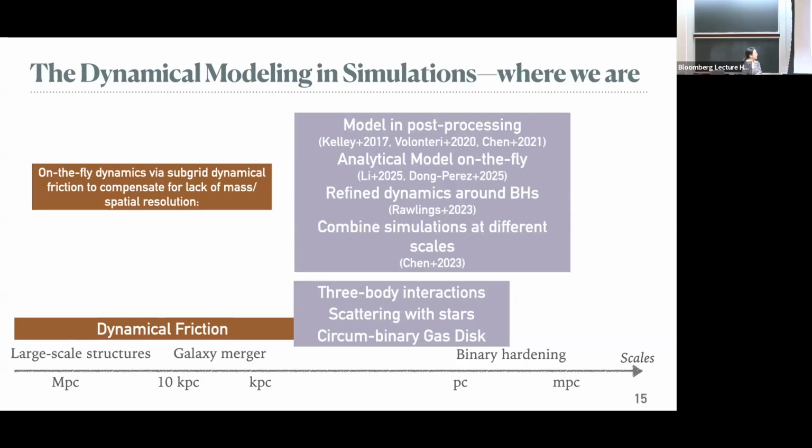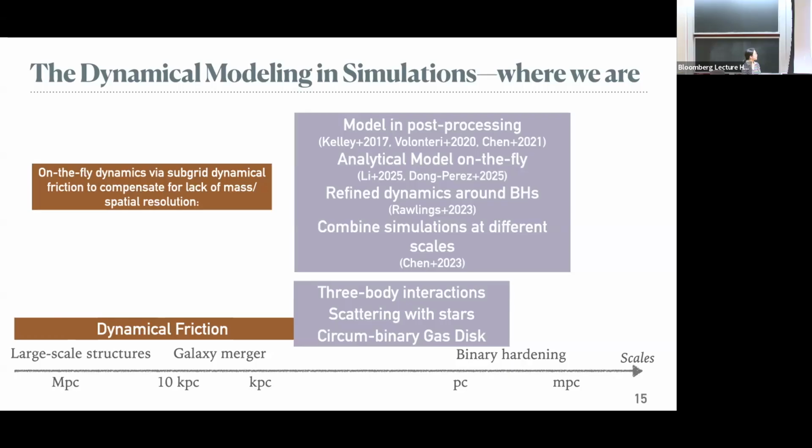The first thing people try is a kind of post-processing, where you take the mergers from simulations, look at their surrounding galaxy properties, extrapolate on these properties, and estimate a timescale for each of these interactions. Then you sum them up to estimate the binary hardening timescale.